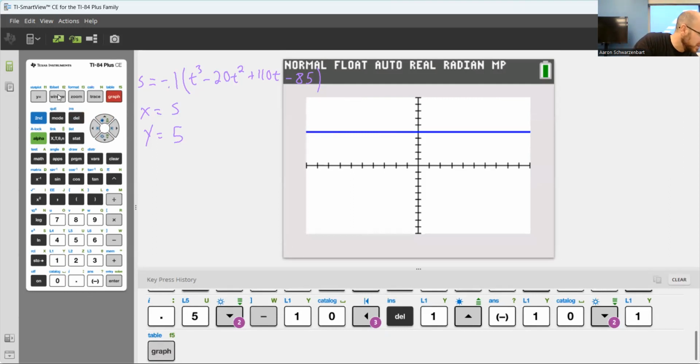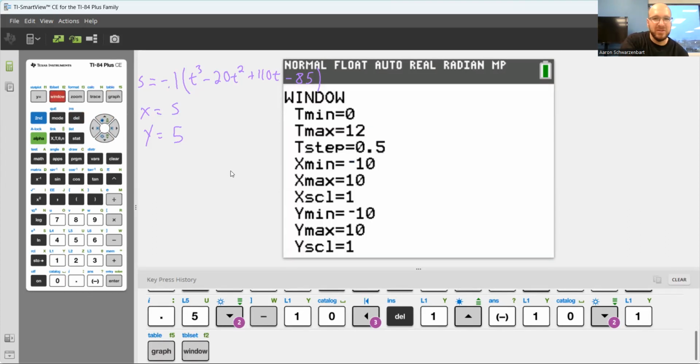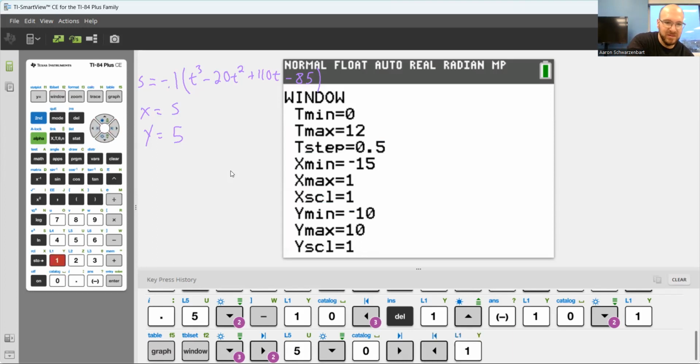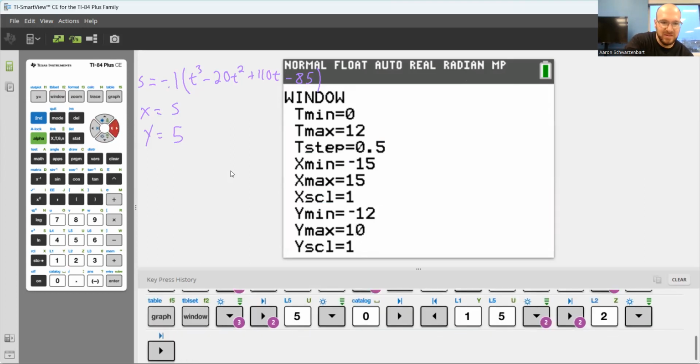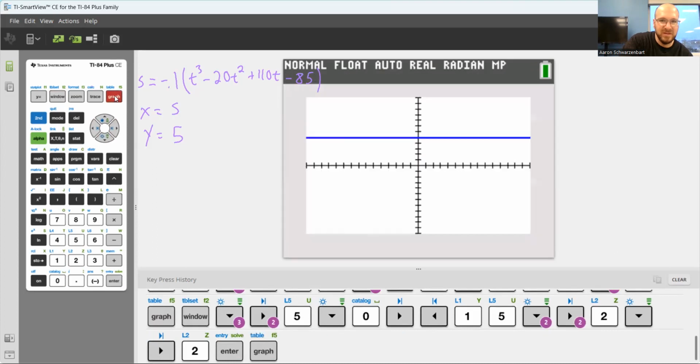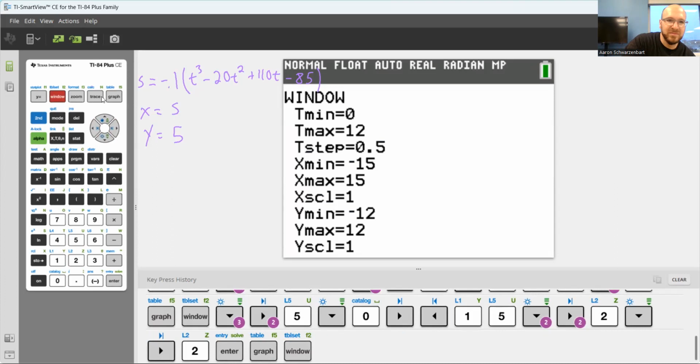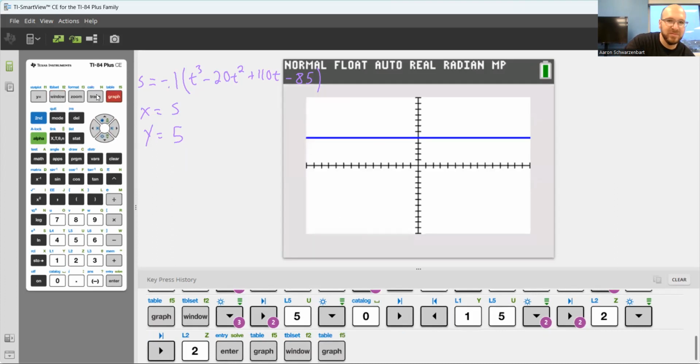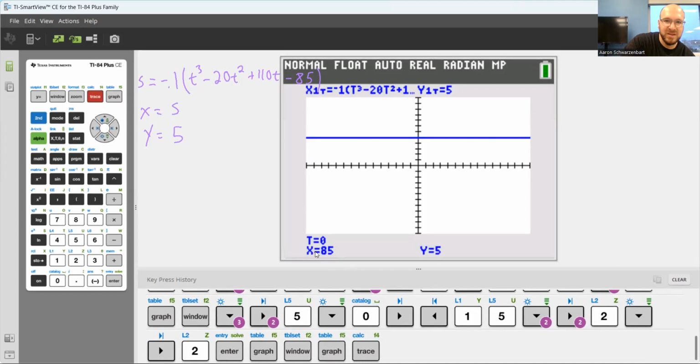That is not big enough. Okay, I see what it wants me to do in a different one. Equals 8.